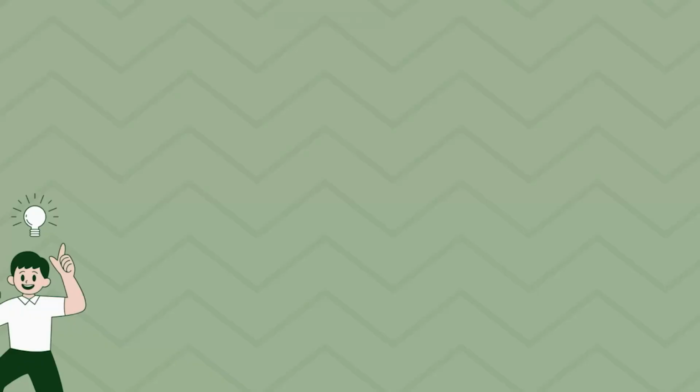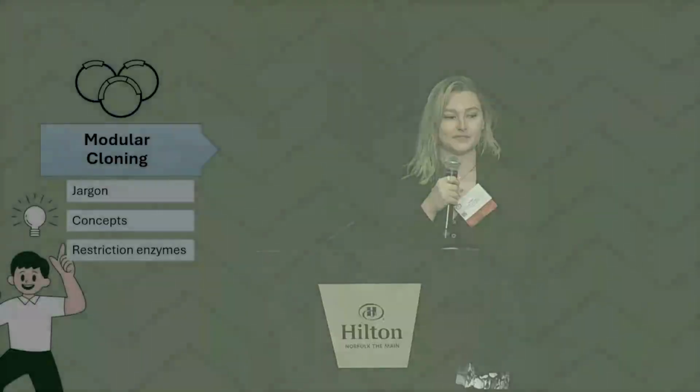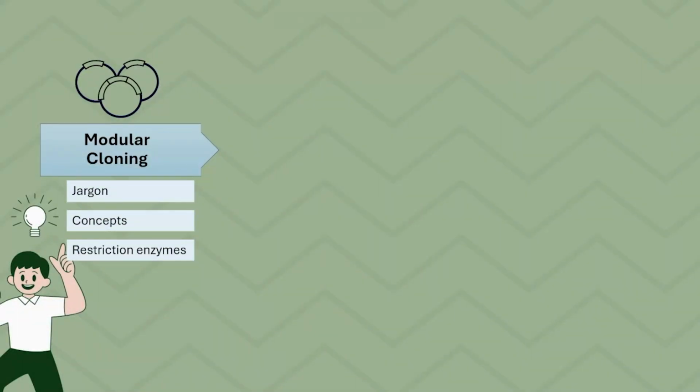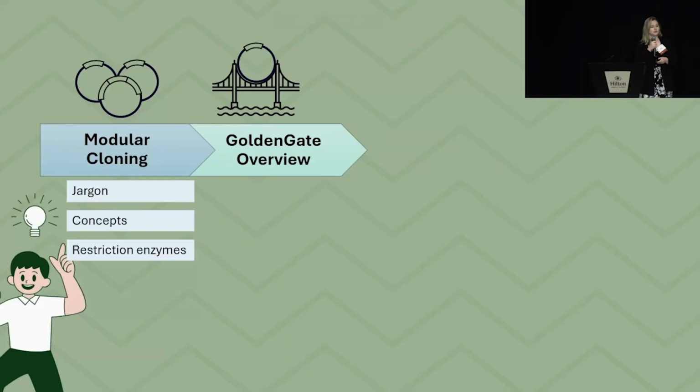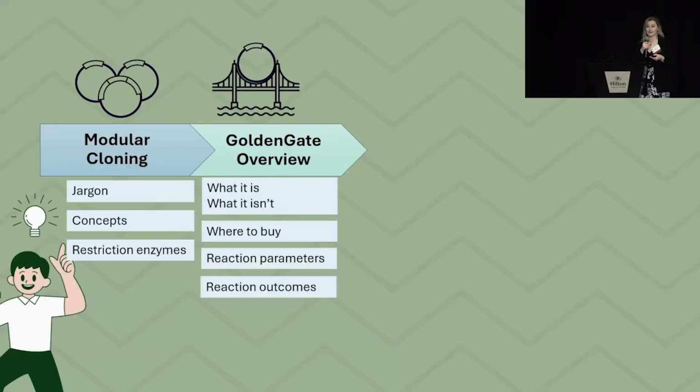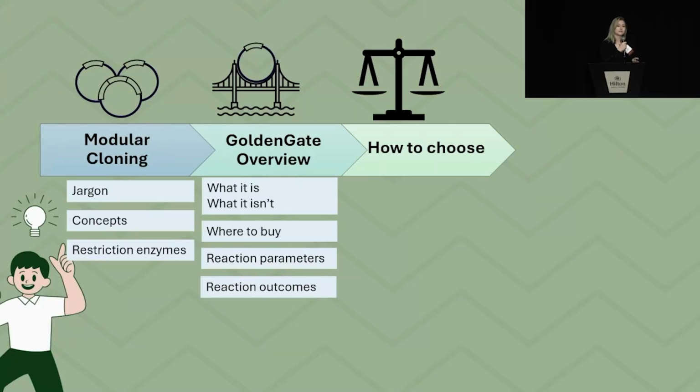So I'm getting a little bit ahead of myself, and I'm going to give you all the roadmap for this presentation. I'm going to first talk about the concepts and jargon involved in modular cloning, along with the restriction enzyme concepts you need to be familiar with. I'm then going to move into Golden Gate, what that is, what it isn't, where you can buy it, and the reaction parameters and outcomes.